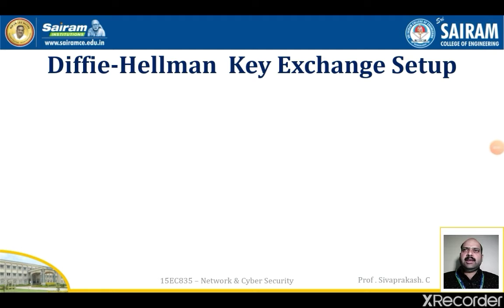Let us see in depth the key determination protocol. Internet Key Exchange key determination is a refinement of the Diffie-Hellman key exchange algorithm. Recall that Diffie-Hellman involves the following interaction between user A and B. There is a prior agreement on two global parameters between user A and user B: a large prime number q and a primitive root of that prime number q as alpha.